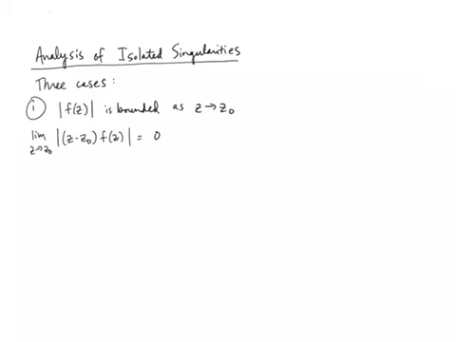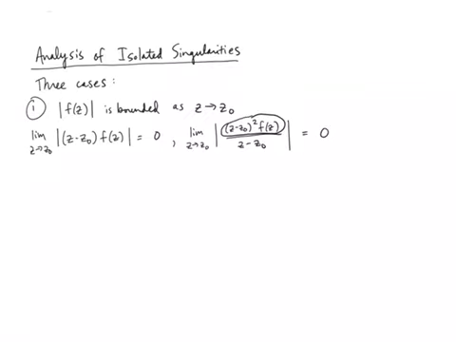Furthermore, we can rewrite that as z minus z naught squared times f of z over z minus z naught. Now we can think about this as a difference quotient. So this equals 0.